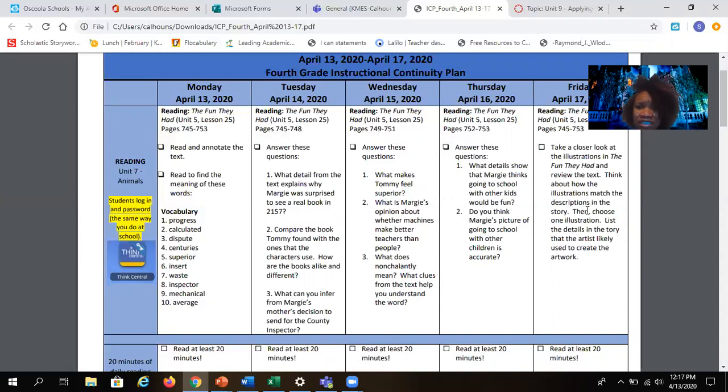And then it says, take a look at the illustrations and the fun they had and review the text. Think about how the illustrations match the descriptions in the story. Then choose one illustration. List the details in the story, I fixed it on mine, that the artist likely used to create the artwork.